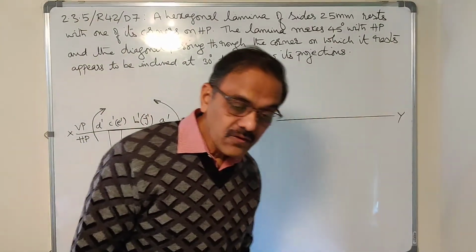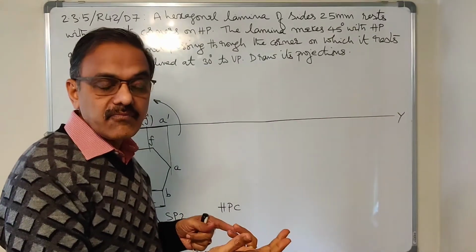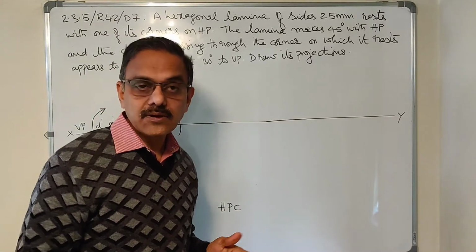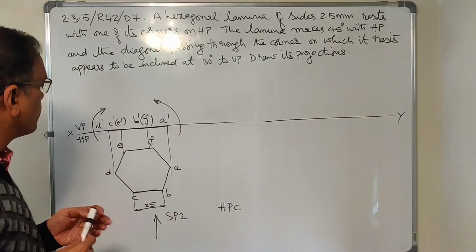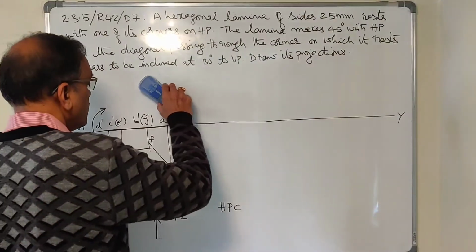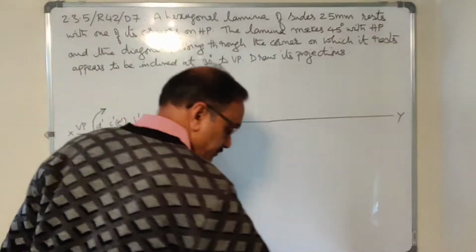So don't get confused if you look into the VTU primer. Sir has taught in some way and this is done in another way. Both are accepted. Okay. So we are rotating it in clockwise sense.